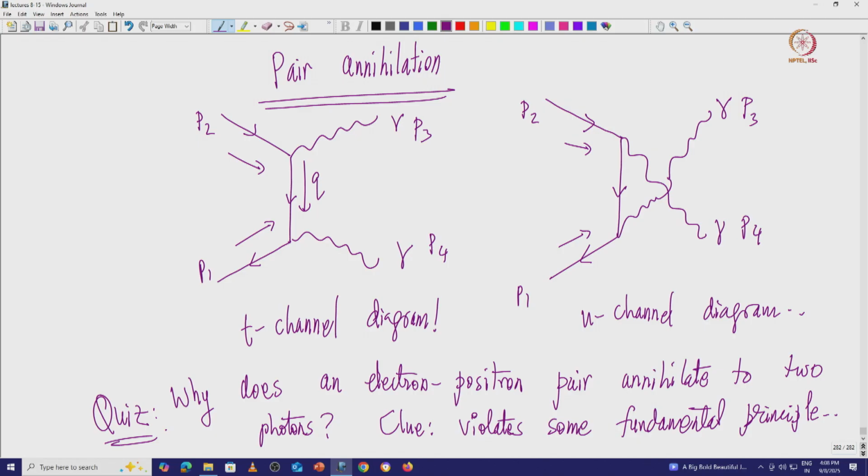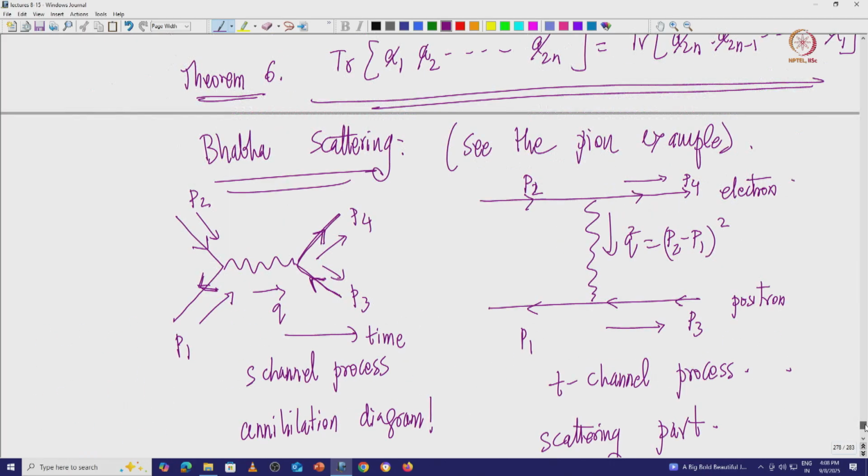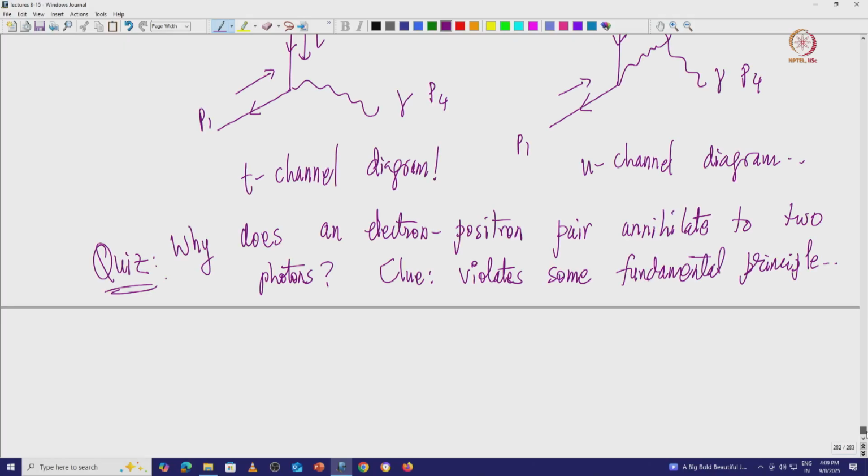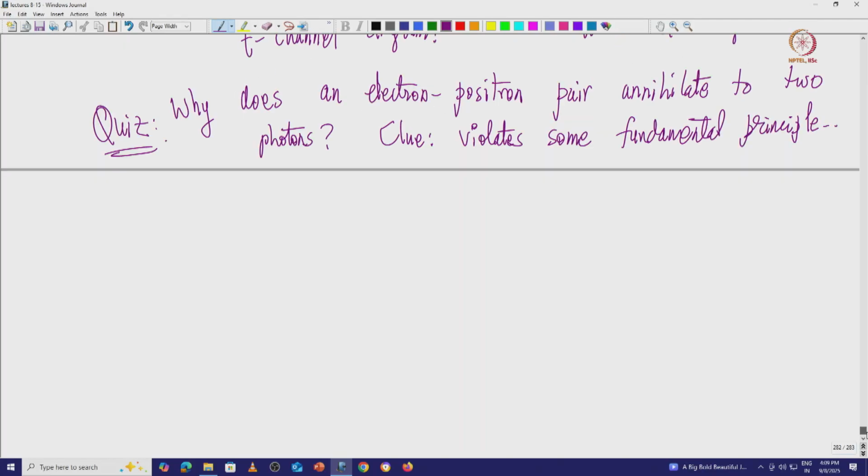The next process is the reverse of it, pair creation. If 2 photons come in, they can interact and produce a pair of electron and positron. Now remember that virtually they can always produce electron positron pairs with a single photon, but if you really want to produce them, it requires 2 photons.